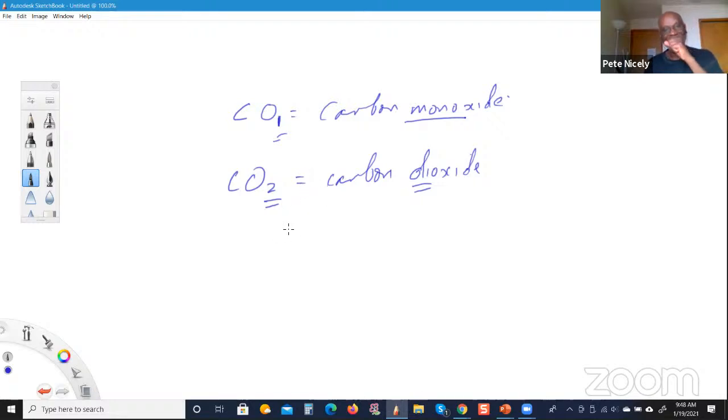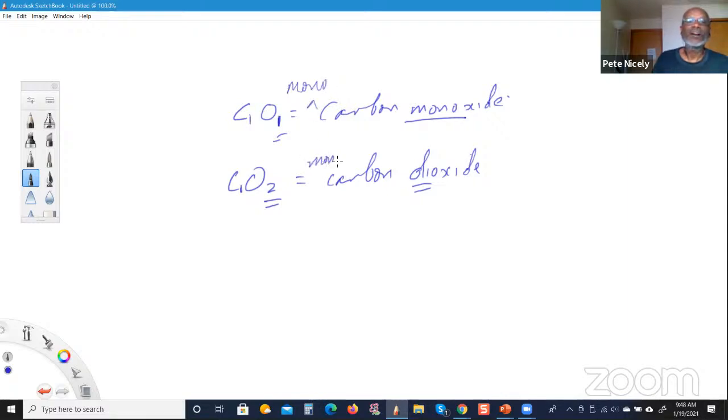Now, let me just say something here. You might be wondering, why is it that we don't use a prefix for the carbon here? So for example, in this case here, this carbon has 1 atom, this carbon has 1 atom. So why don't we use mono here and mono here?